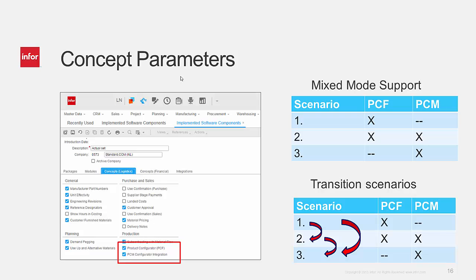In this case, it can be considered to leave these existing PCF items and models within Infor, and for new products or newly introduced product lines, start building their models in PCM and use PCM for these items onwards.